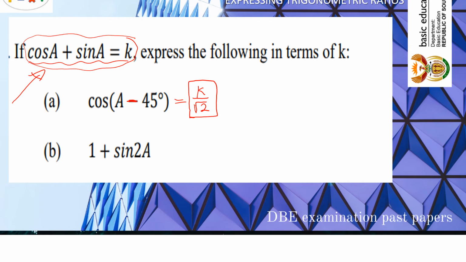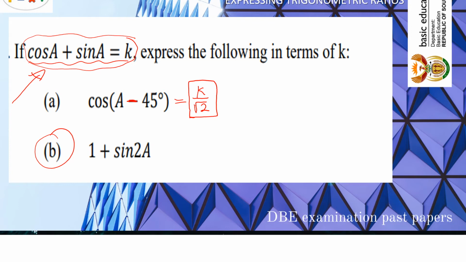Okay, let's now look at our expression number B, and it says we are expressing this in terms of k. We have to express it in terms of k. So we have 1 plus sine 2A. Wow, 1 plus sine 2A.